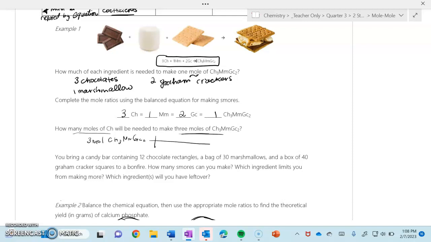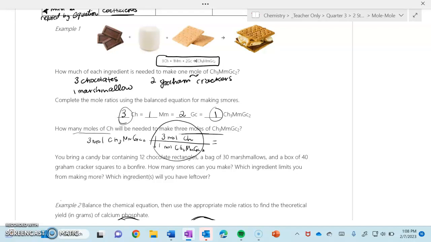Do some train tracks here. And using our mole ratio, we have 1 mole of s'more is always going to equal 3 moles of chocolates. So there's our mole ratio step using the coefficients as a conversion factor.